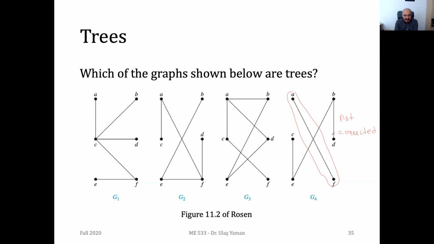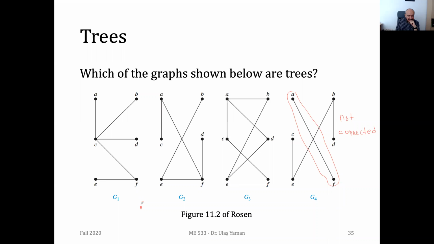So let's have a look at the rest. I think the rest are connected, so we don't have any problem with that requirement. We should check the other requirement, that they shouldn't have any circuits. So if you look at this one, I can easily draw it in such a manner.